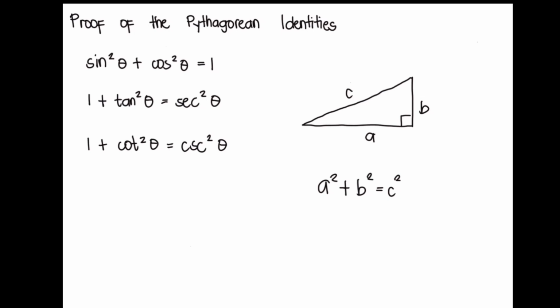Let's start with the first one. Sine squared theta plus cosine squared theta equals 1. I'm going to define a specific angle that I'm going to use in my proof, this acute angle theta. I'm going to set up an expression for each of these trig functions in the first Pythagorean identity.